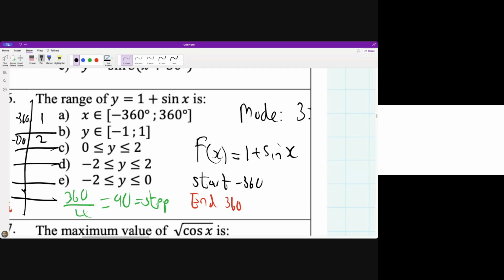Okay, now, how can this table help us figure out what the range is? Well, I'm just going to look through my table and find what is the biggest number. So far it's 2, but let's see if anything gets bigger. No, the biggest number is 2. What's the smallest number?